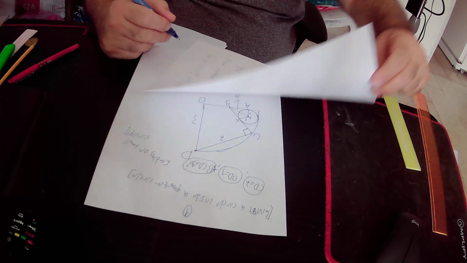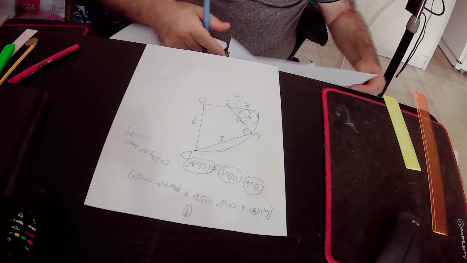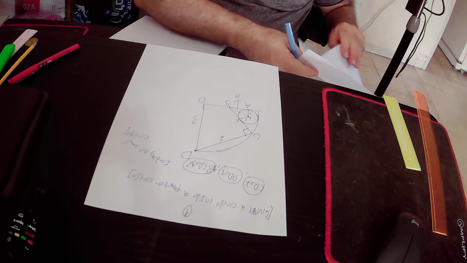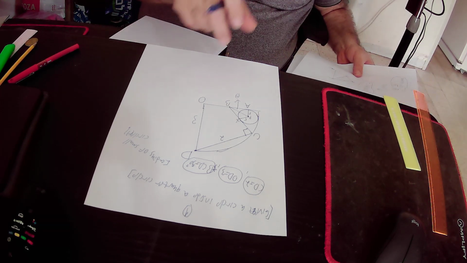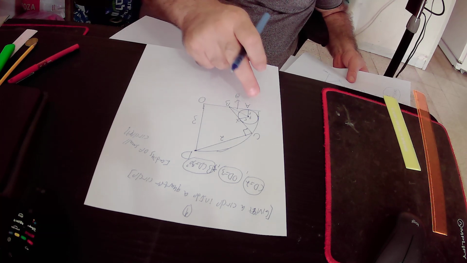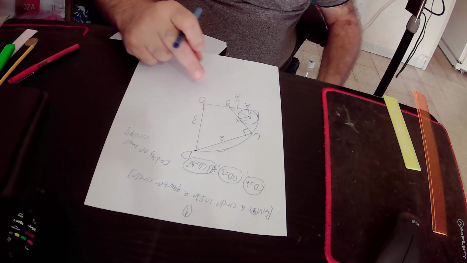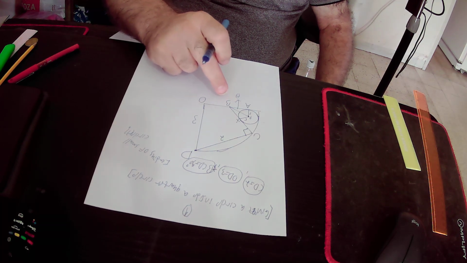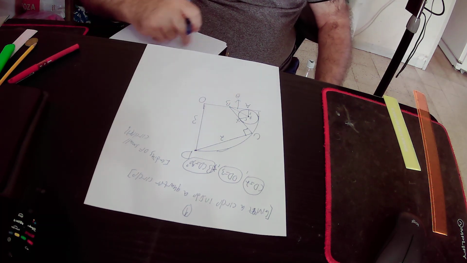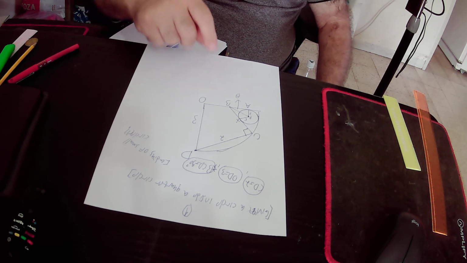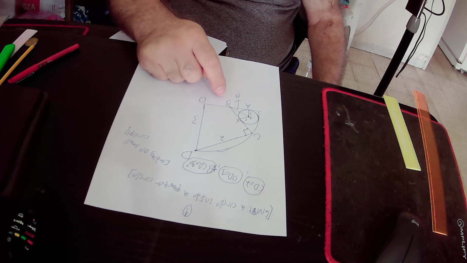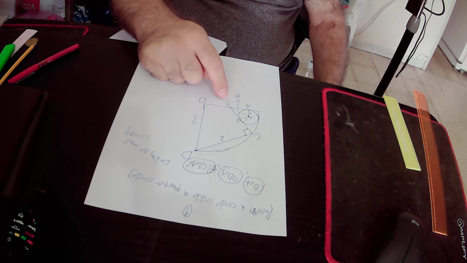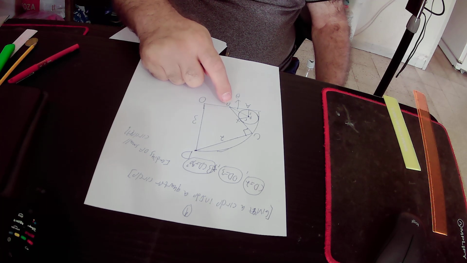So here we have two tangents. AB is tangent to the small circle at point A, and BX is also tangent to the circle at point X. So those two tangents exit from the same common point, that is point B, and they are tangent to the circle.